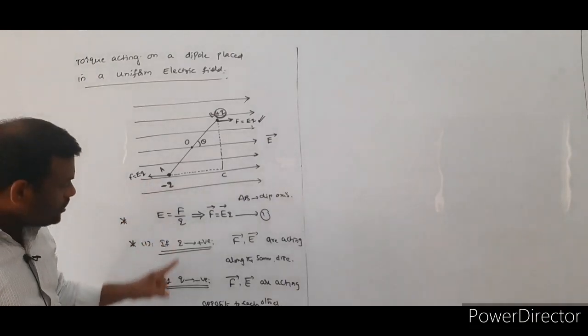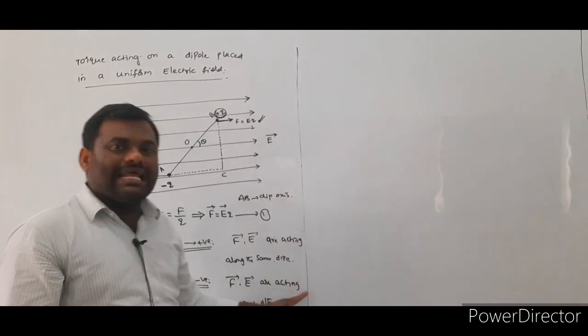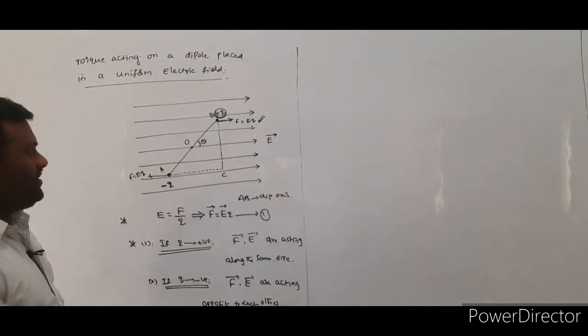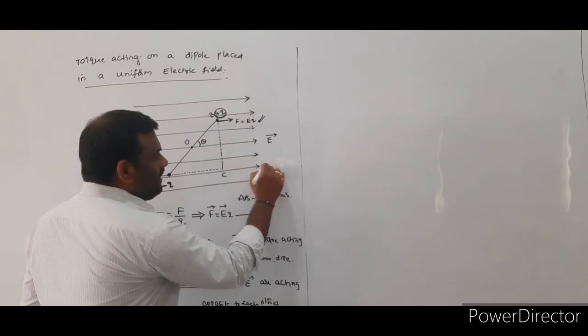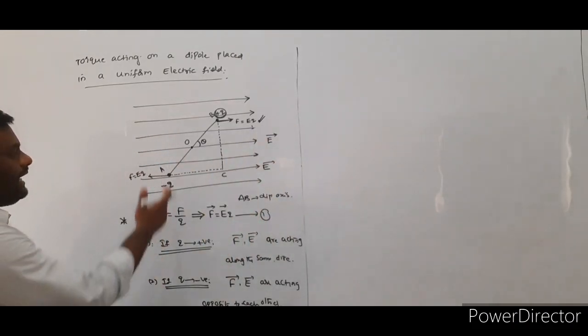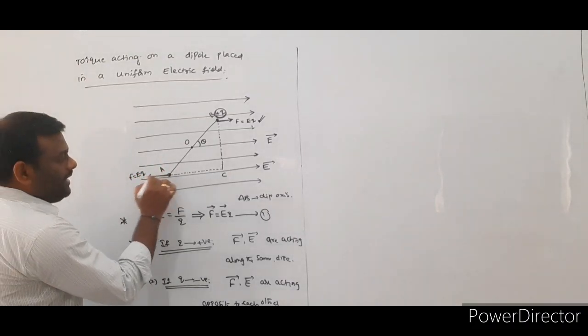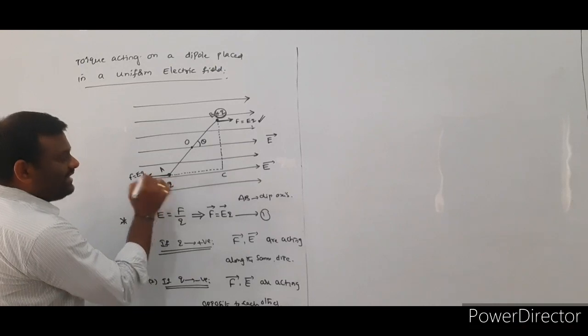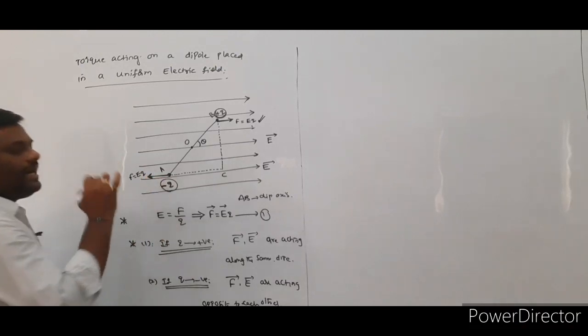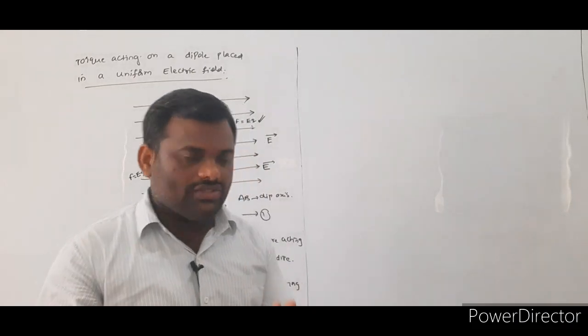So whenever the charge is negative, both F bar, E bar are acting in the opposite direction. The direction of the field is always constant, acting towards the right. So at the point A, the force acting on the negative charge will be acting towards the left, since this charge is negative. That basic point we have to understand.